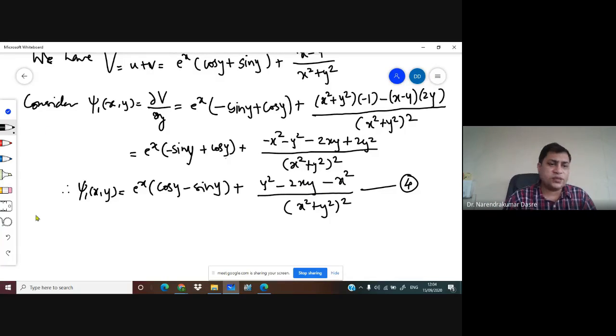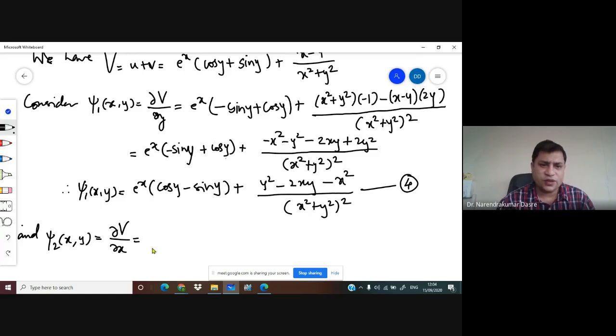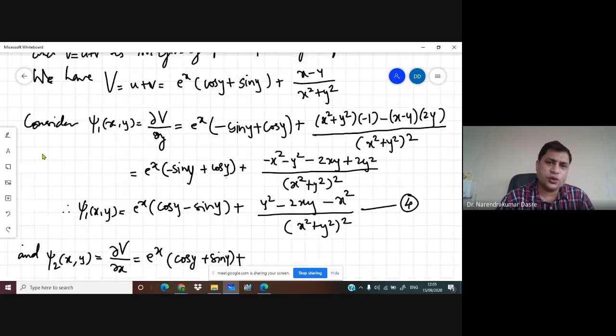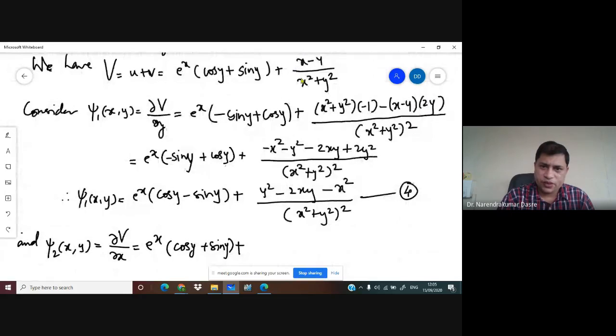Okay, and now we have to consider the derivative with respect to x. So psi 2, double b by double x. Now here the derivative of e raised to x is e raised to x itself. So it remains as it is, e raised to x will be having cos y plus sin y. Okay, and now plus again we have to use u upon v rule for this also.